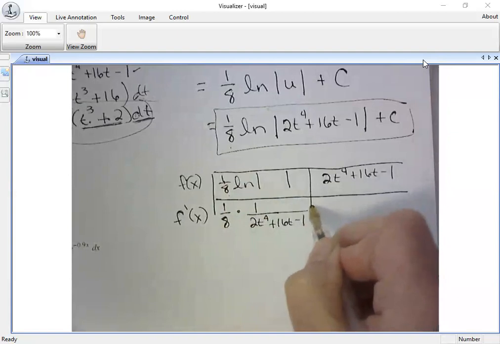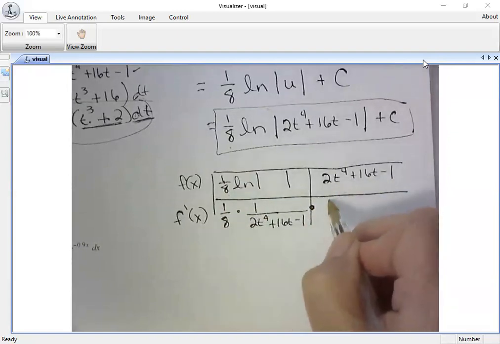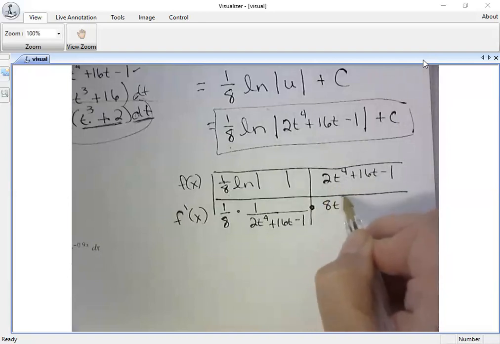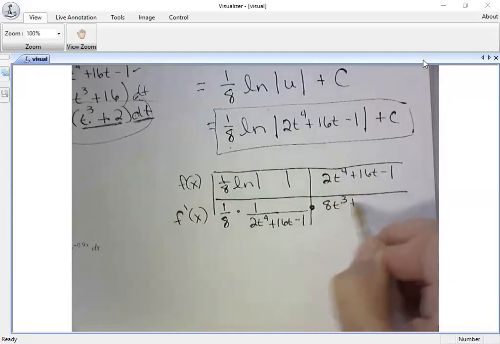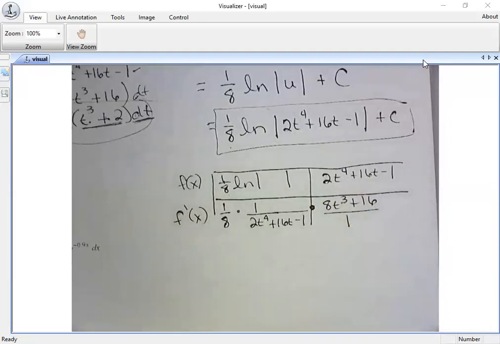Okay. Times, now we got to differentiate the 2t to the 4th and get 8t cubed plus 16. And that would be over 1 if I want to think of it as fraction times fraction times fraction. Now, that doesn't look exactly like what I started with, but what do you notice we might be able to do to kind of clean things up a bit?